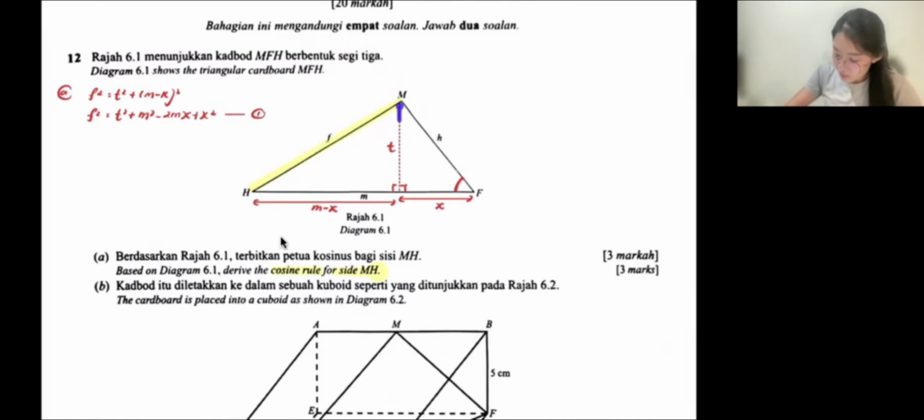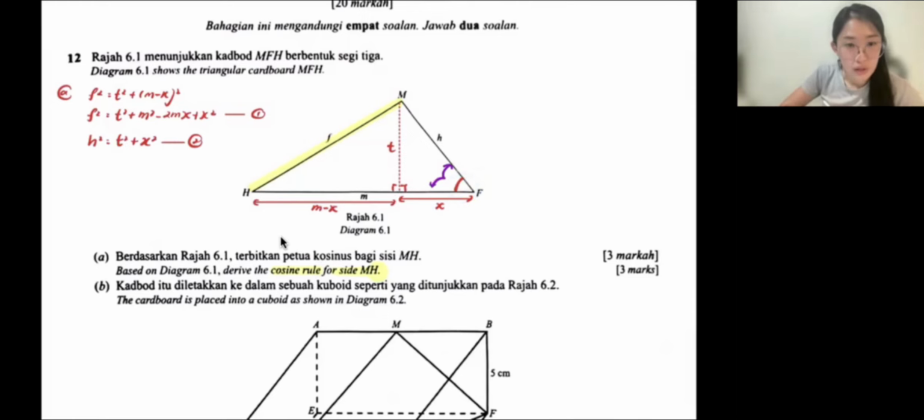Equation number 2, Pythagoras theorem on this right angle triangle. Hypotenuse is H. So H squared equals to T squared plus X squared. This is your equation 2. After that, you will use this angle to generate the third equation. I will take X over here and H over here.